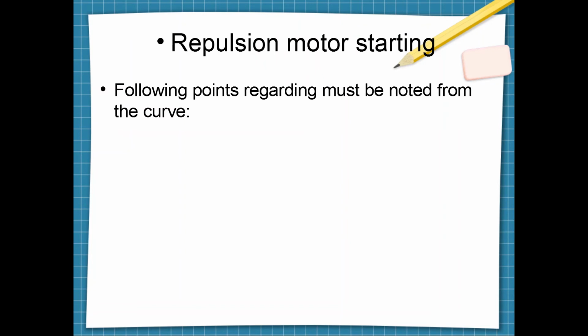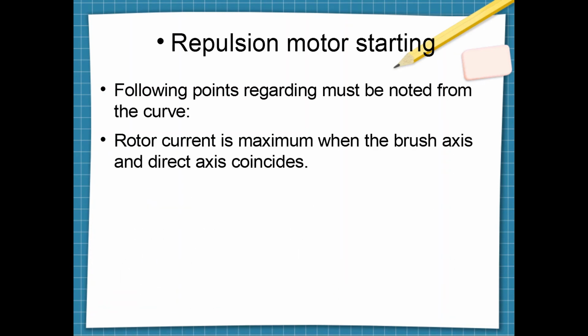Repulsion motor starting. The following points regarding it must be noted from the curve. Like there is a curve of repulsion motor starting. I will not be playing it because it is not part of applications. Rotor current is maximum when the brush axis and direct axis coincide.